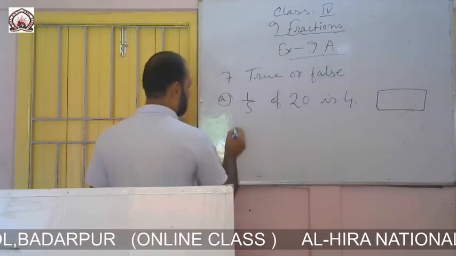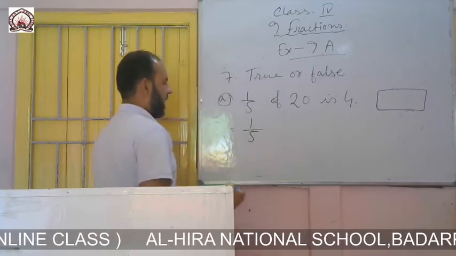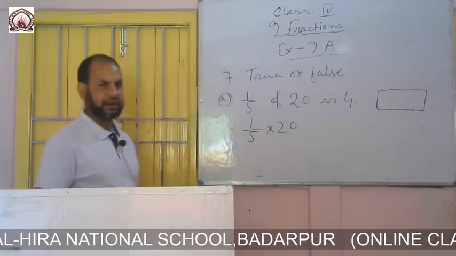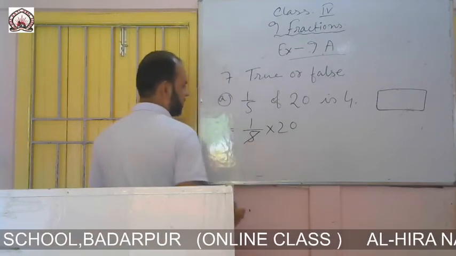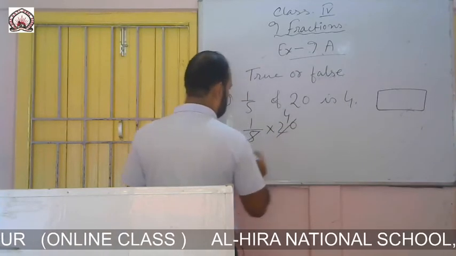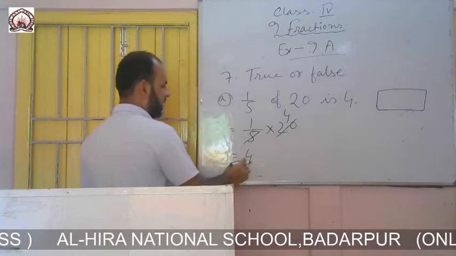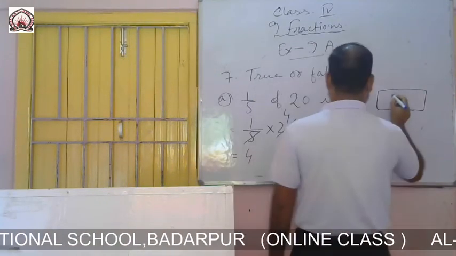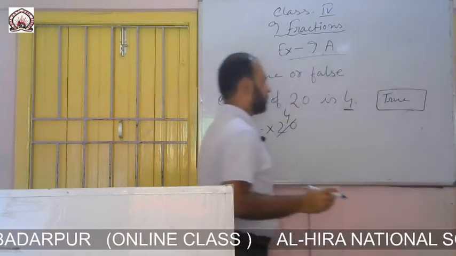So we take out like this: 1 by 5 into 20. We cut: 5 ones are 5 and 5 fours are 20. So here 4 ones are 4. So yes, the answer is 4. Here also 4. So it is true.